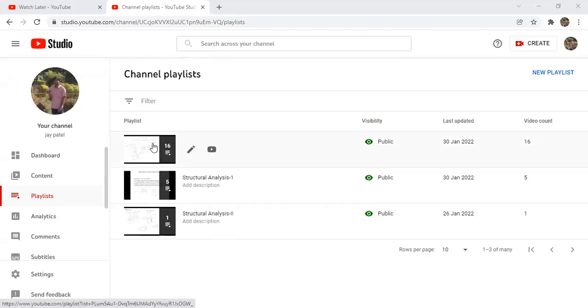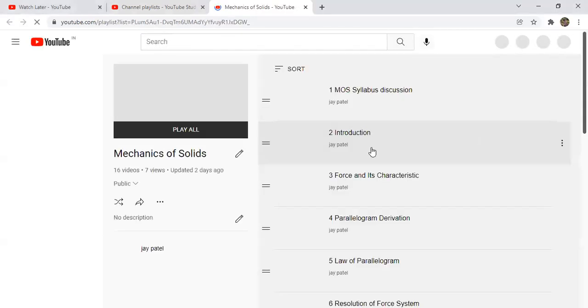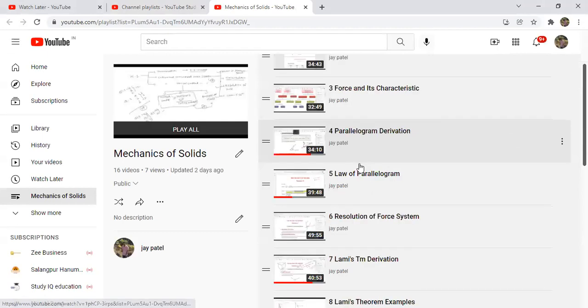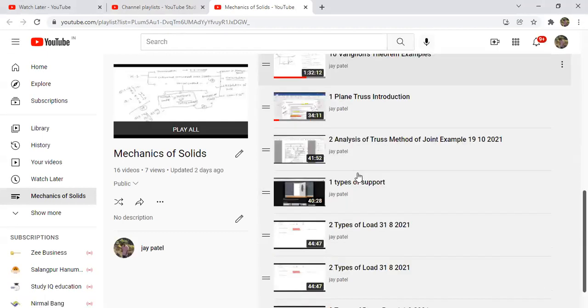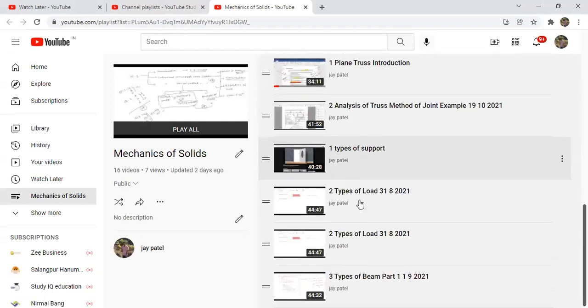Mechanics of solid is not part of your syllabus, but in mechanics of solid also I have already mentioned some of the videos. So at least if you are not able to understand types of support, types of load, or types of beam, later on I will upload the shear force diagram and bending moment diagram here also. So please go through this recording once.